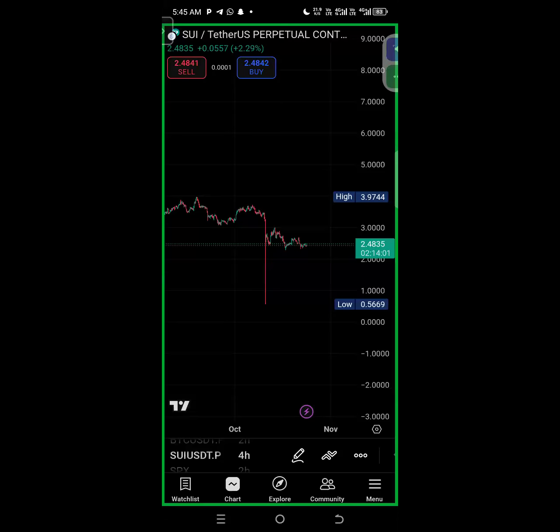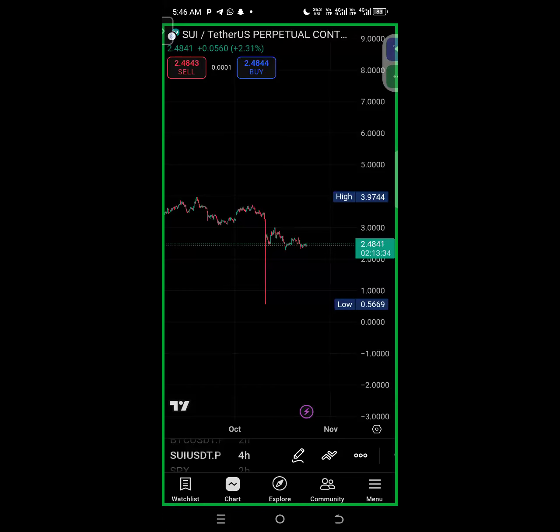So basically, under normal circumstances, on a resistance, traders begin to do what? Short the asset or sell the asset. Why? Because that is the zone or the region at which buyers couldn't push the price further.